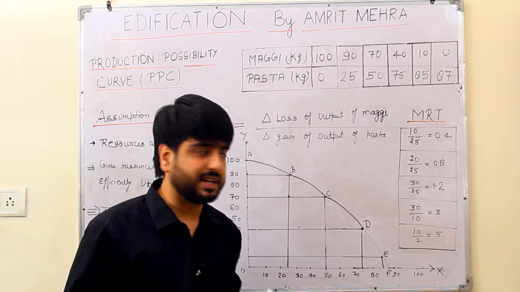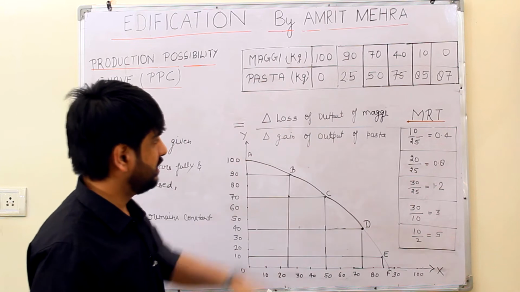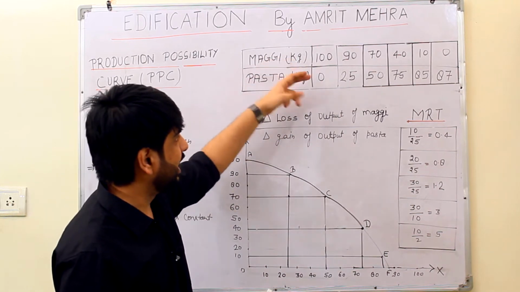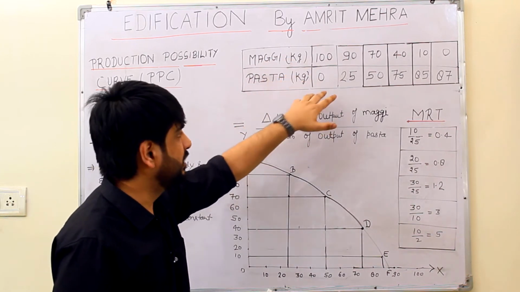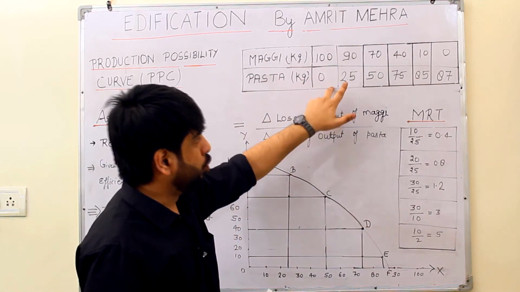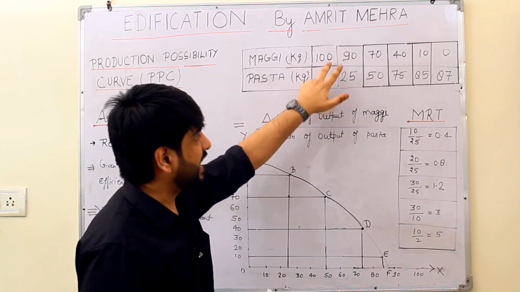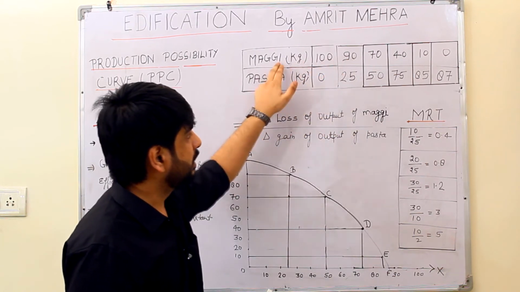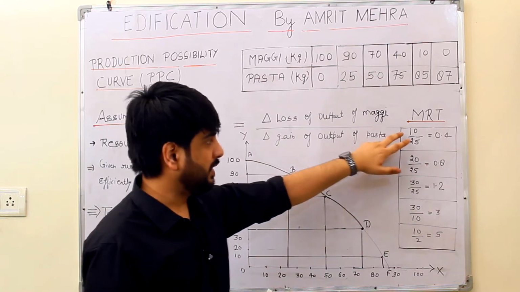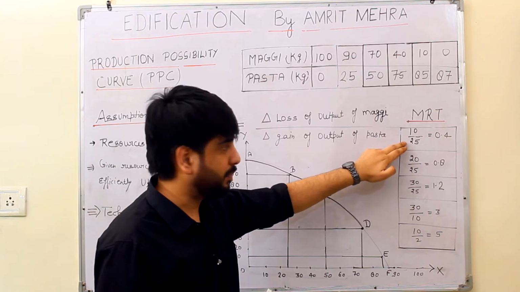Now what we have to observe in this schedule is, first we are producing 100 kgs of Maggi and 0 kgs of pasta, right? To produce 25 kgs of pasta, we sacrificed 10 units of Maggi, as in we lost 10 kgs of Maggi to produce 25 kgs of pasta.